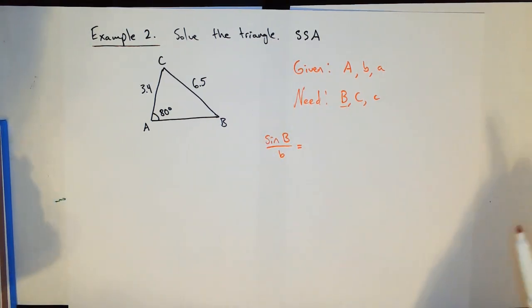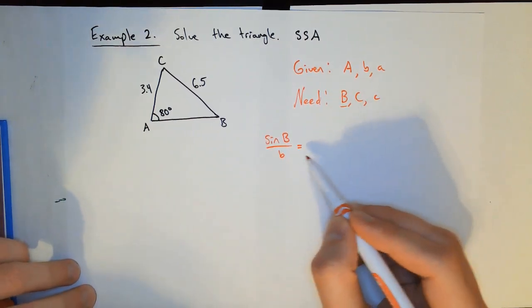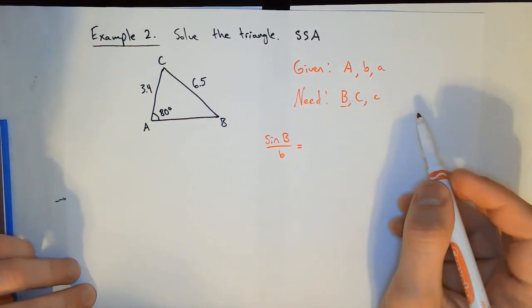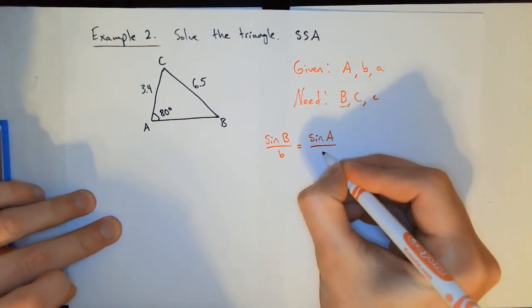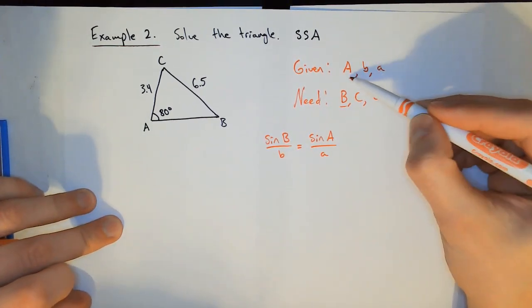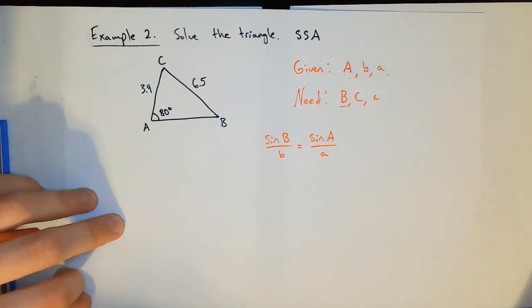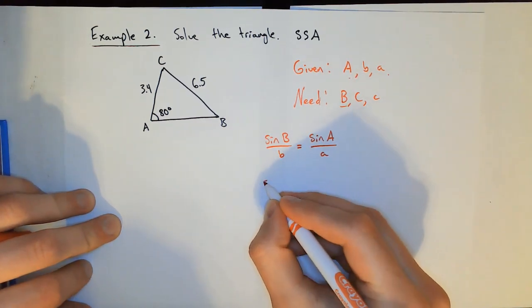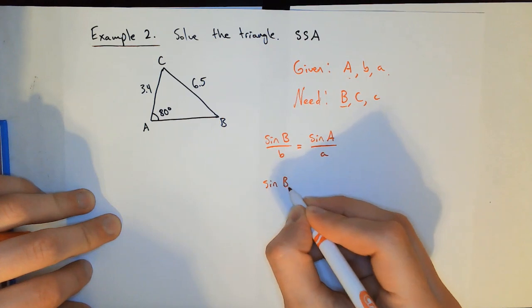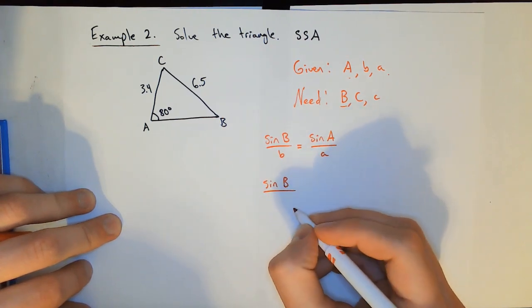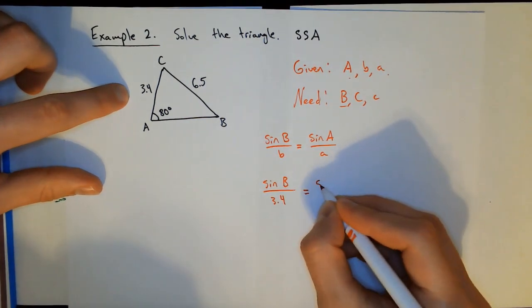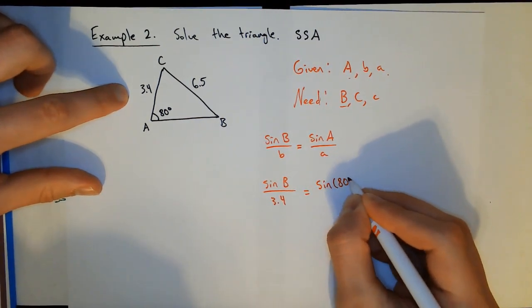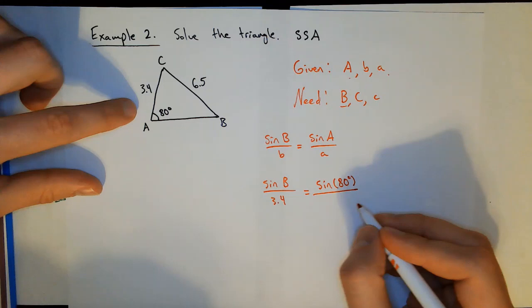Well, I definitely would not want to pick sine of C over little c, because I don't have either of those, so that would be an awful choice. I want to pick sine of A over little a because I have both of those. So I'll say sine of B, which is what I'm looking for, over little b, which is 3.4, is equal to sine of A, which is 80 degrees, over little a, which is 6.5.